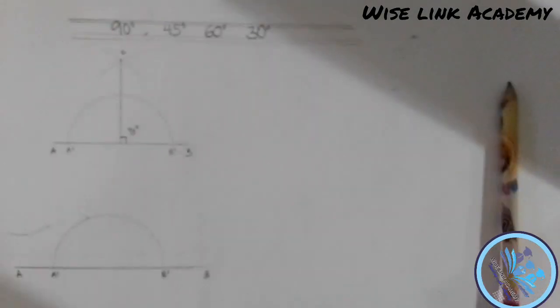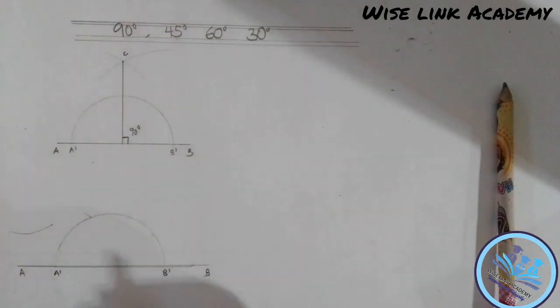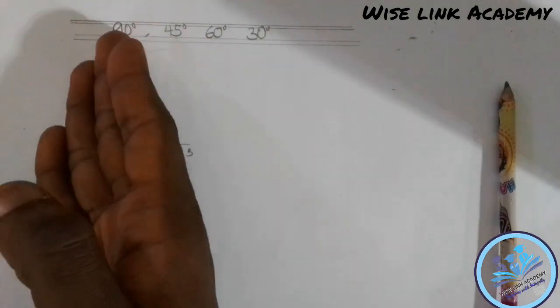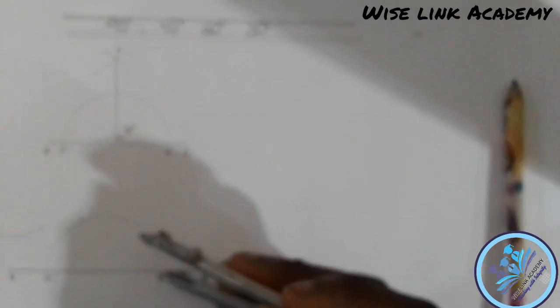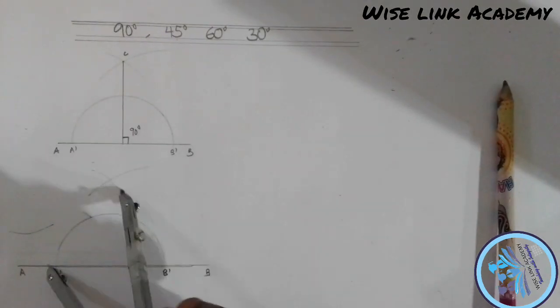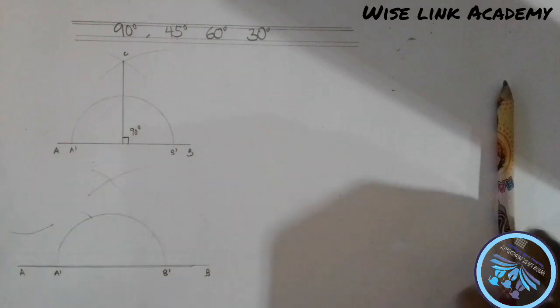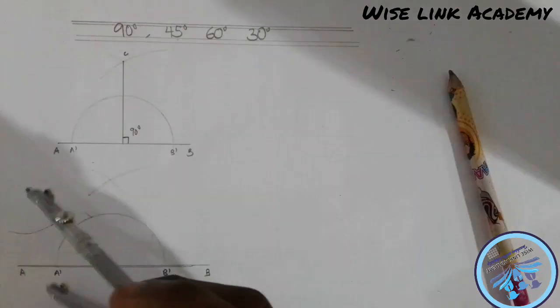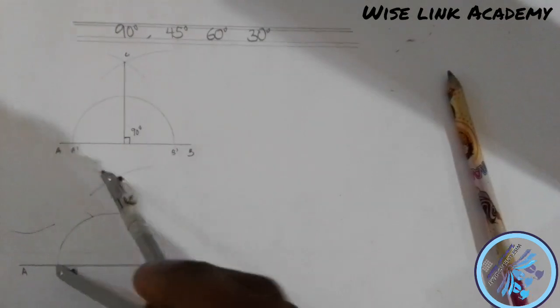Now, before I can construct 45 degrees, I need to construct my 90 degrees first. So how do I do that? Remember that half of 90 is 45. I place the compass at this point here and strike an arc here, and from this other point strike an arc here.